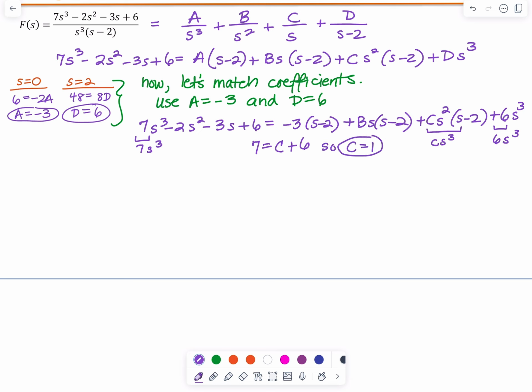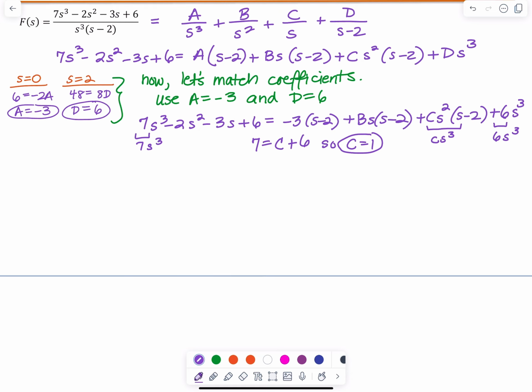So now all we have to do is find b, and I'll change colors. So b is going to be our s squared term. So here we have a bs squared, and so we also have negative 2cs squared, and here we have a negative 2.